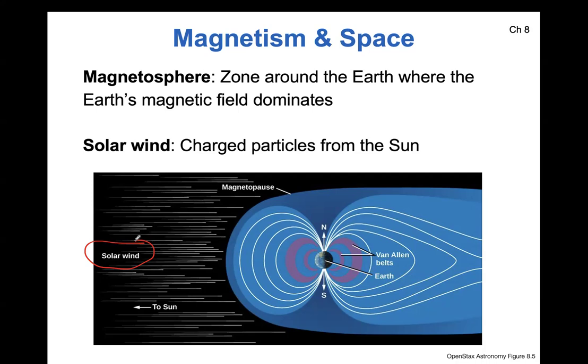The solar wind is a stream, a constant flow of charged particles, primarily electrons, but also some alpha particles, some other small ionized nuclei, and some individual protons, but mostly electrons.